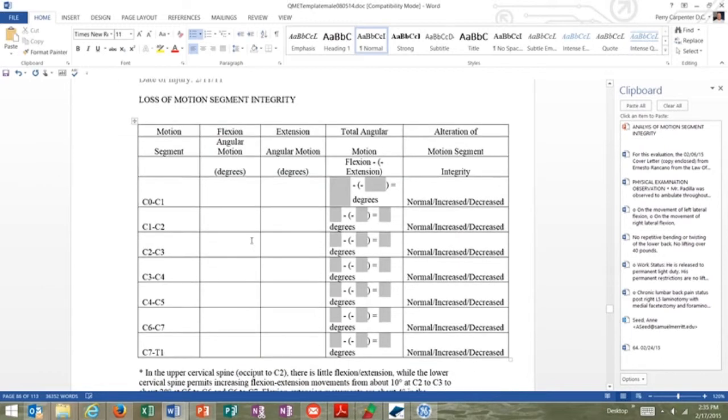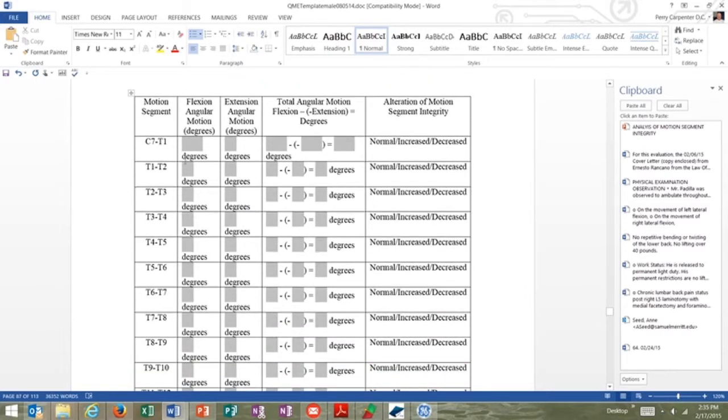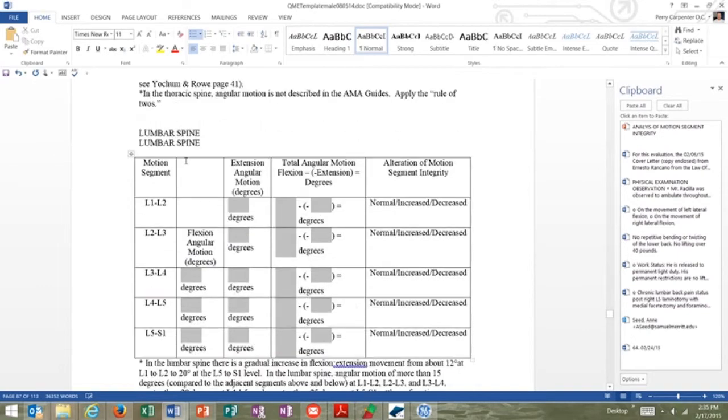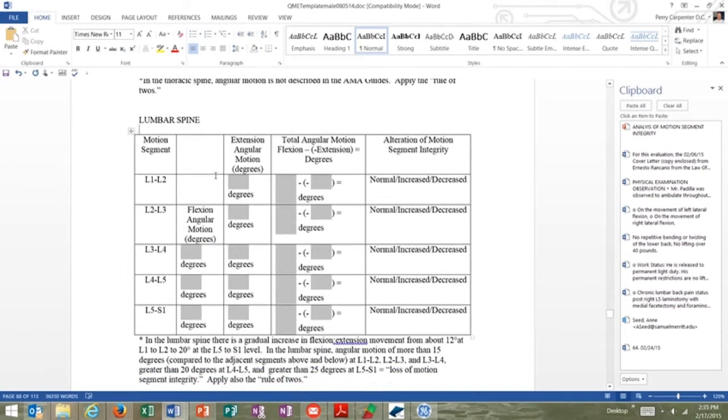Then we go down to our motion segment integrity tables, and these are all included in your template. So here's the cervical spine table, here's the thoracic spine table, and here's the lumbar spine table. So let's work on the lumbar spine table. Well, we have our measurements that we just obtained, and so let's fill those in here right now.